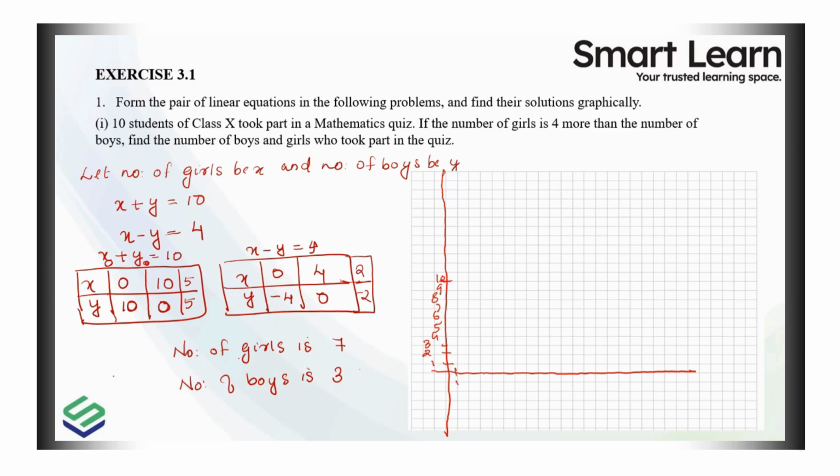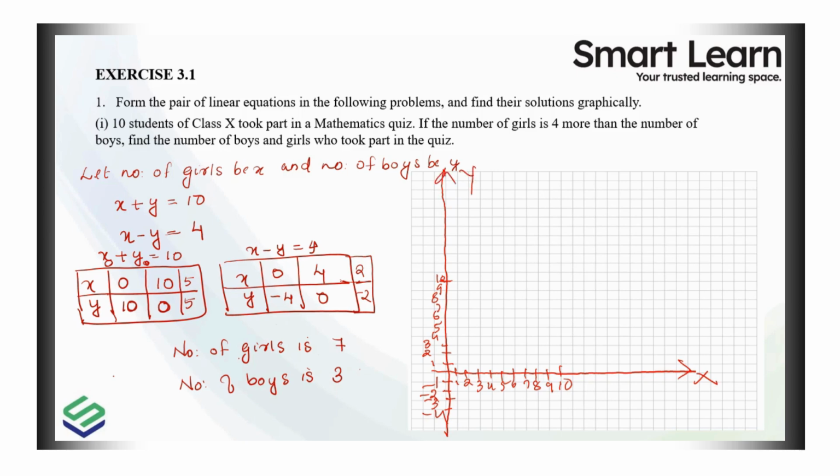Here also 1, 2, 3, and on the negative side minus 1, minus 2, minus 3, minus 4, because minus 4 is there now. Here you have to write x, here you have to write y.